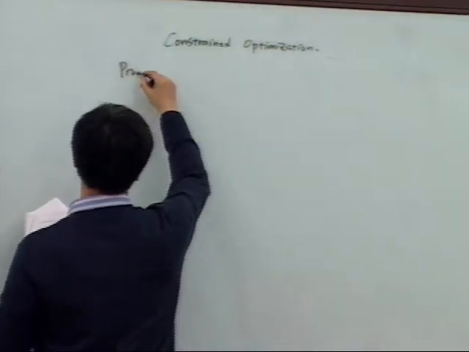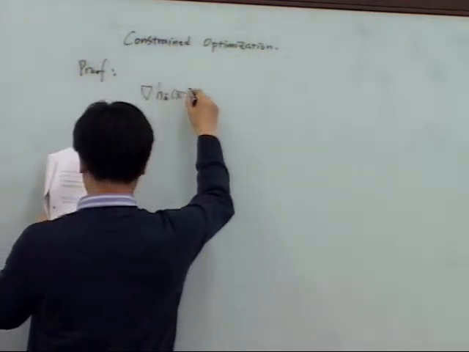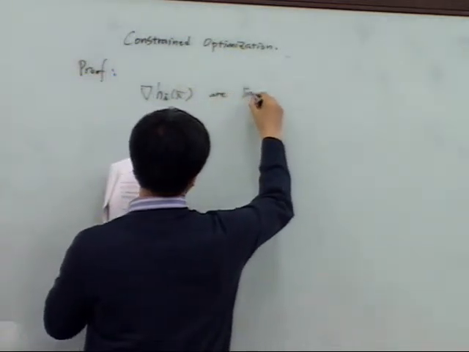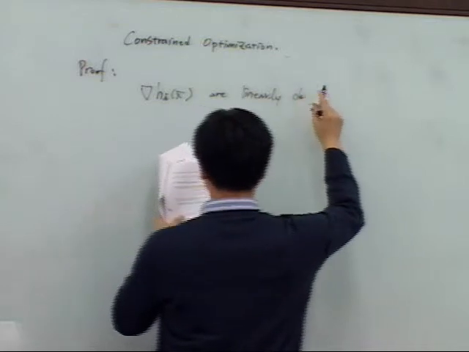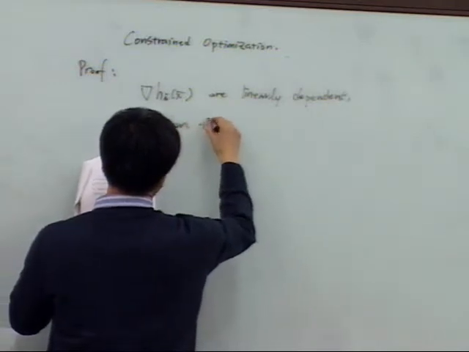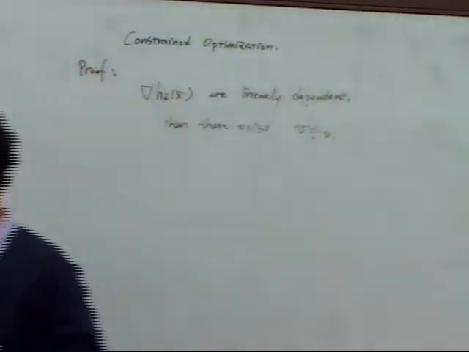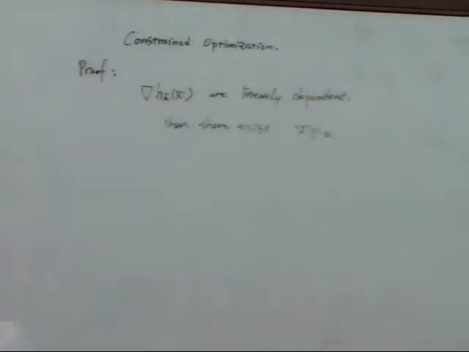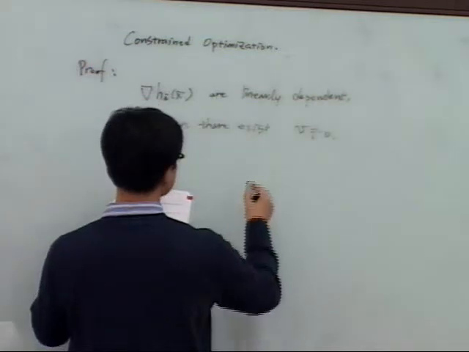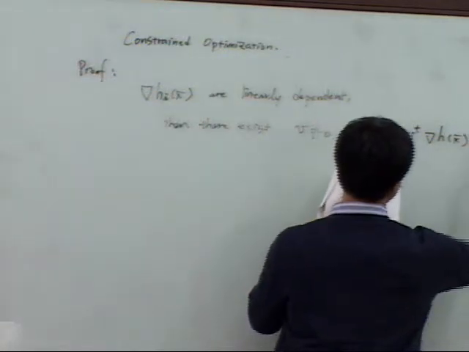Okay, proof. If the vectors gradient h_i(x) are linearly dependent, then there exists a non-zero v such that v transpose, right?